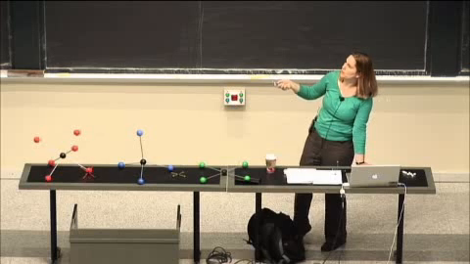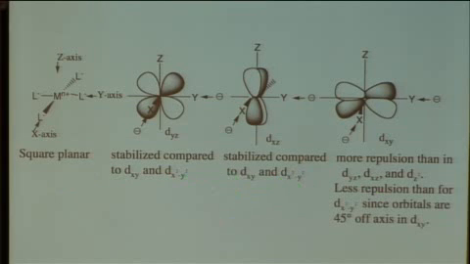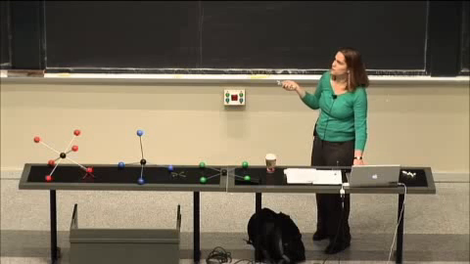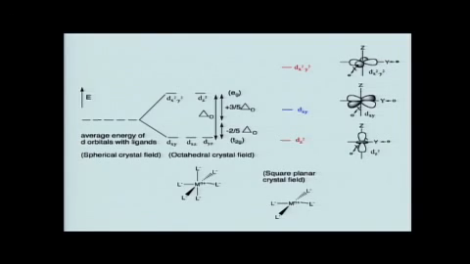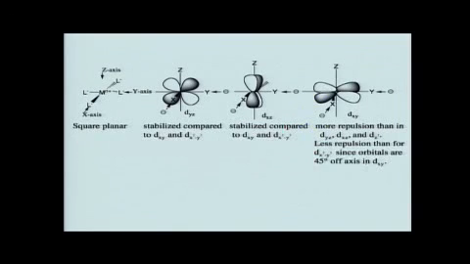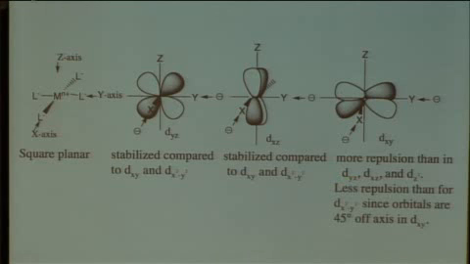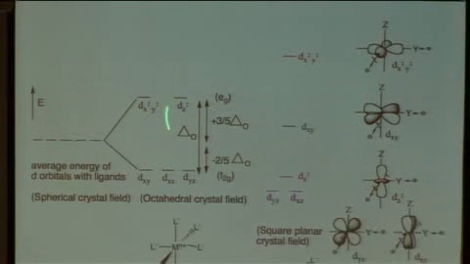You see, it has more repulsion than the other two, because the other orbitals have some z component in them. So you have less repulsion than dx squared minus y squared because it's 45 degrees off, but still that one is probably going to be up a little bit more in energy than the other set. These two here are stabilized compared to the others, so they're somewhere down here.